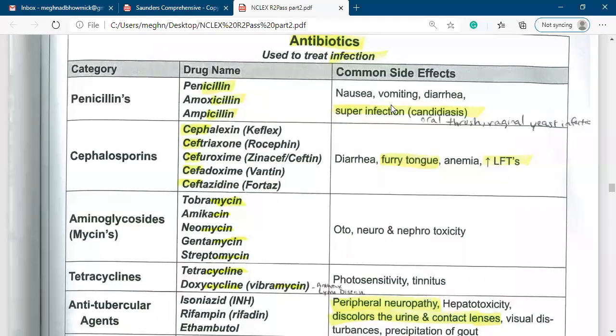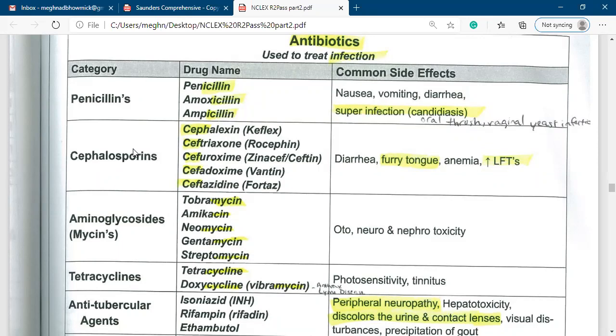So there are some key points you have to know about penicillin. As an example, do not give to a patient with a history of allergy to penicillin or allergy to cephalosporin. I'm going to explain. When you take the history from the patient, you have to take the medication history, drug history.